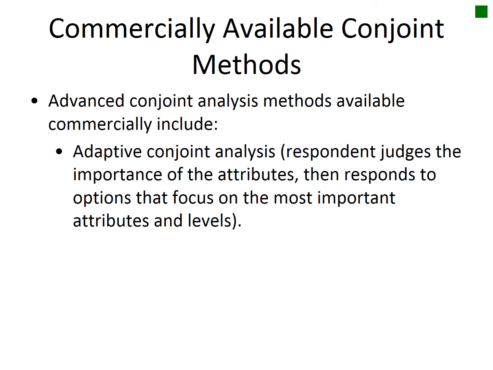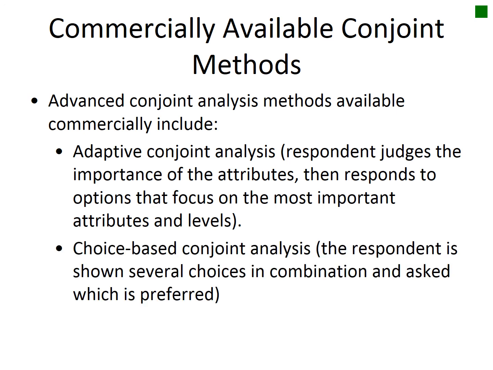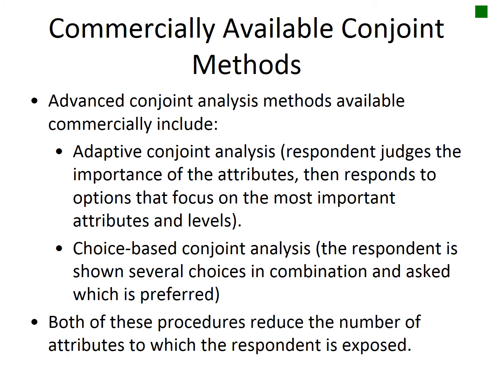And so sometimes when we do this, we can pick up on the interactions between attributes that are desired to look at there. We also have choice-based conjoint analysis. So again, there are lots of different variations and extensions to standard conjoint that help us do this.